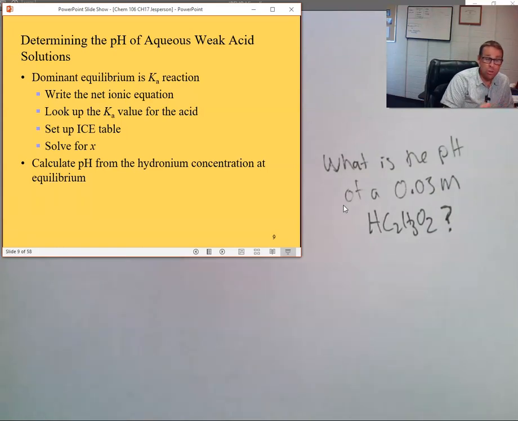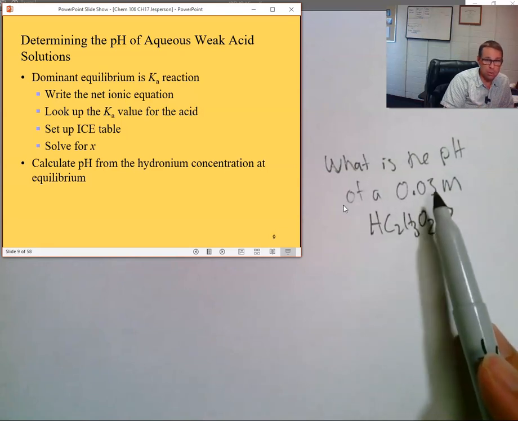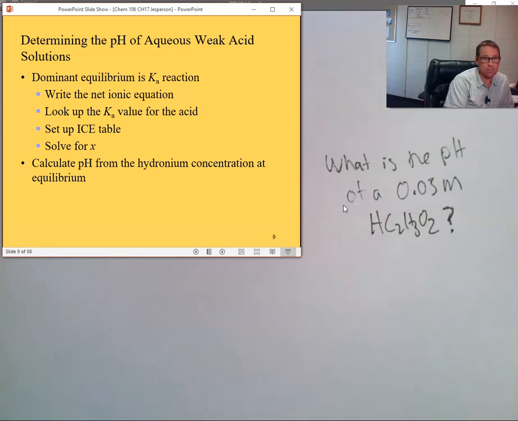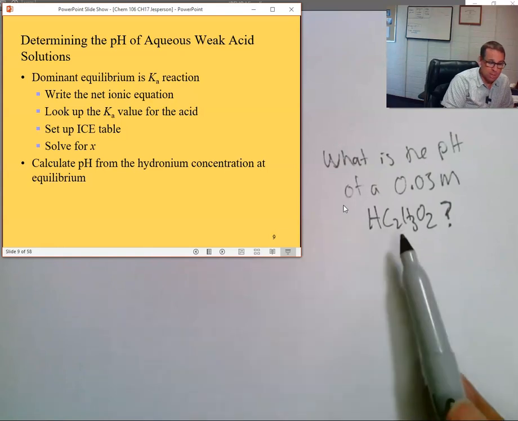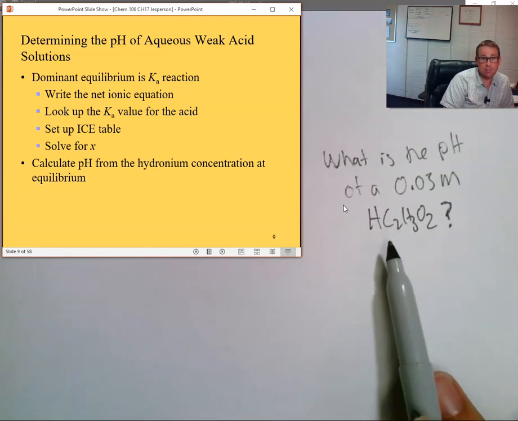The answer is no. Why not, Jace? Why can't I just take the negative log of the 0.03 here to find the pH? Is it because it hasn't dissociated yet? It's because it's a weak acid, right? It's not a strong acid.